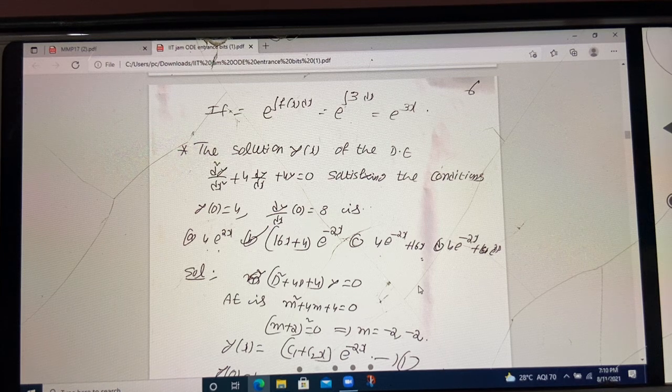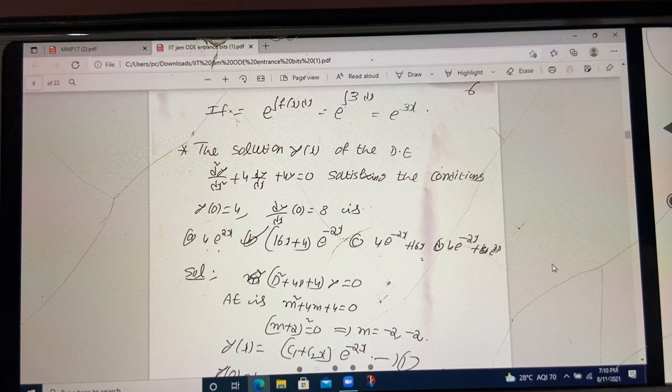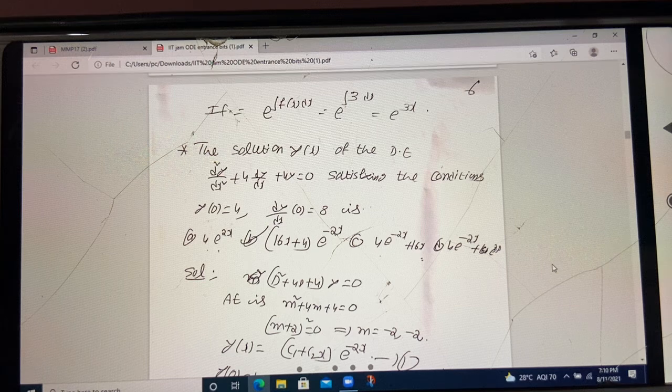Every examiner has given the question in such a way that these two conditions are satisfied by all. But test your luck sometimes, only one of them may satisfy the condition. If it is so, don't solve the equation. Directly escape. That is your answer. If only one condition is satisfied, it is not your answer. Both should be satisfied. Check both the conditions.